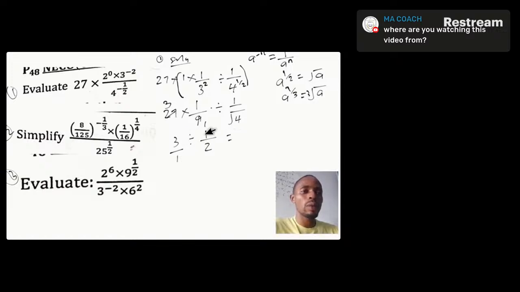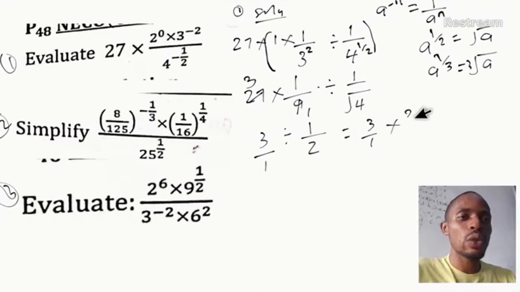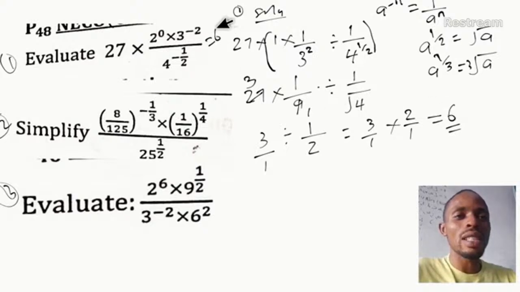When you change to multiplication, it will take the inverse of this second part here. This 2 will go up, or this one will come down, so that is 3 over 1 multiplied by 2 over 1. So when this division is changed to multiplication, it will be equal to 3 times 2, that is 6, 1 times 1, that is 1. So the answer to this question is equal to 6.